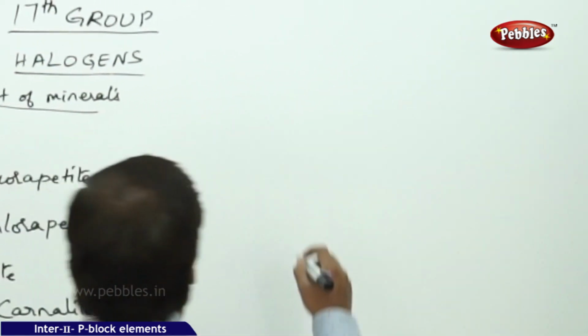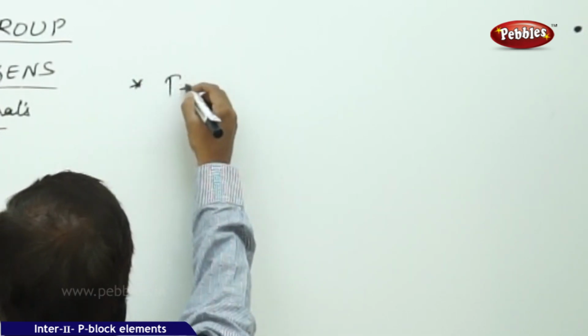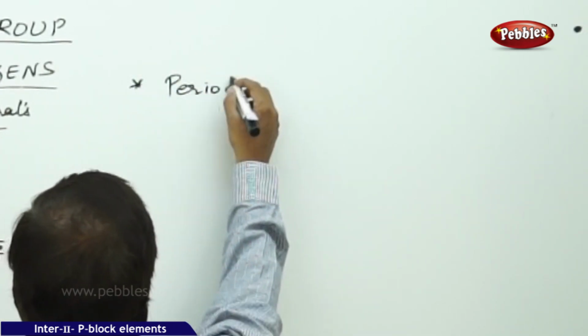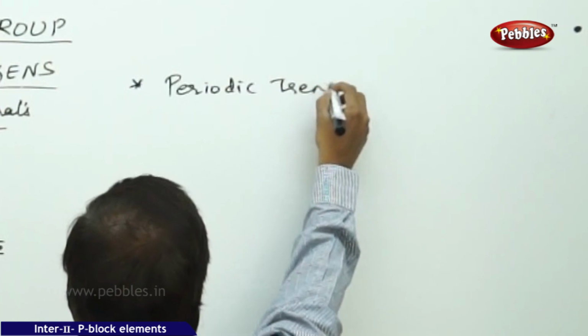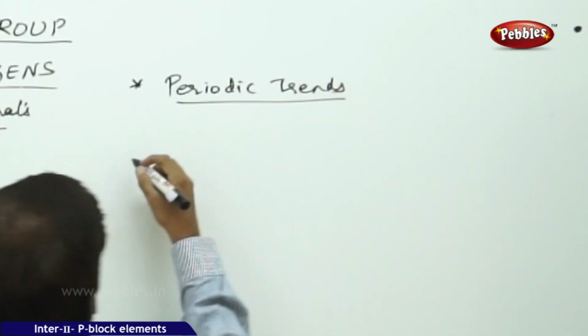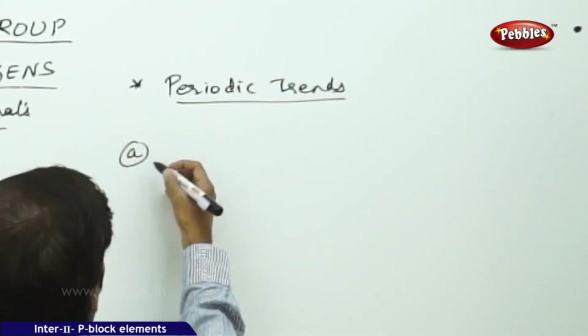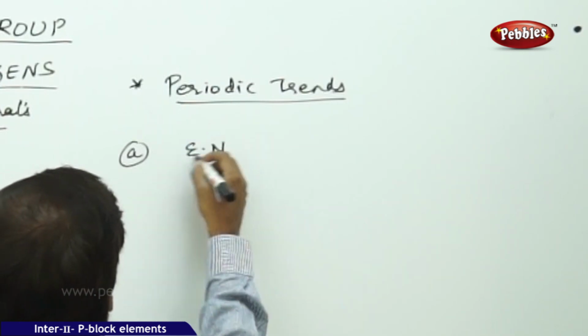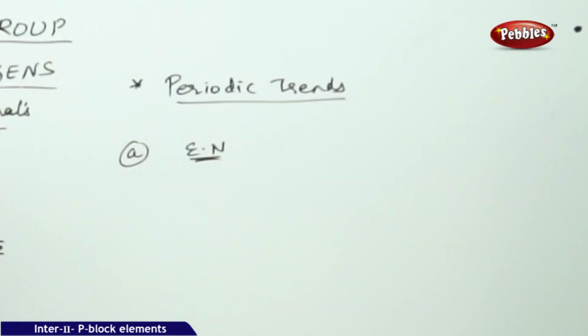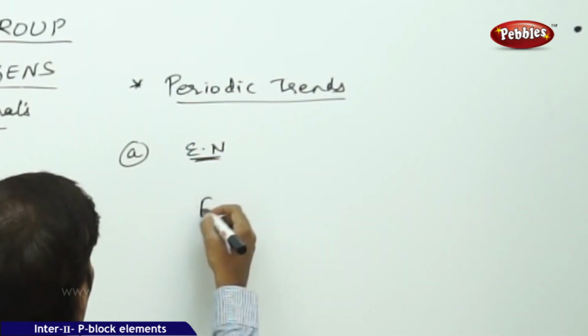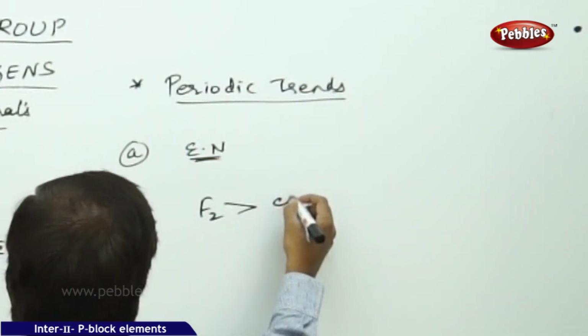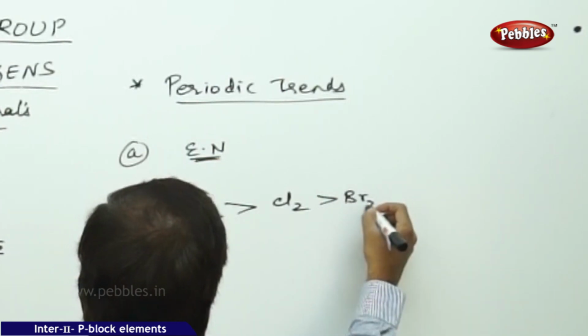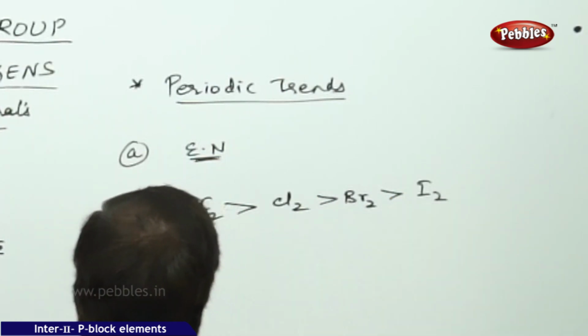If you go for the periodic trends in halogens, the first is electronegativity. In decreasing order, fluorine has the highest electronegativity, so fluorine is more electronegative than chlorine, which is more electronegative than bromine, which is more electronegative than iodine.